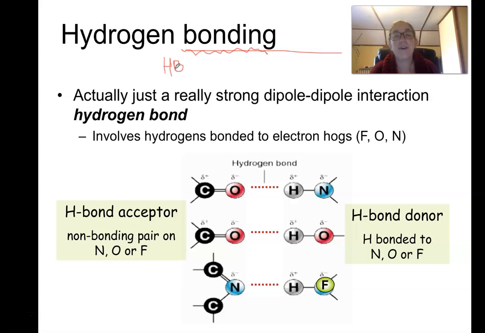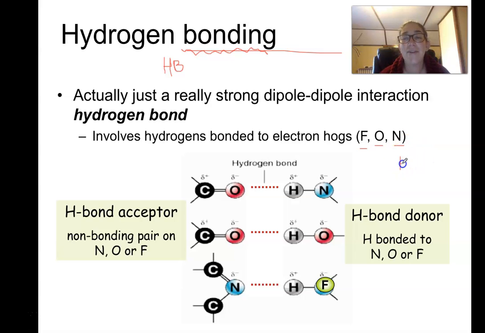All right, so hydrogen bonds form because when hydrogen, which has a pretty low electronegativity, is bonded to any one of the top three electron hogs, F, O, and N, fluorine, oxygen, and nitrogen, it gets a really strong polarity.